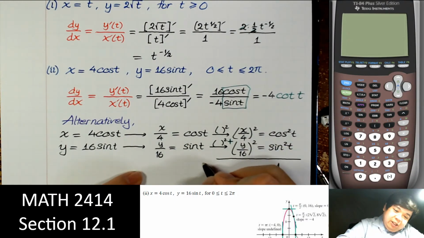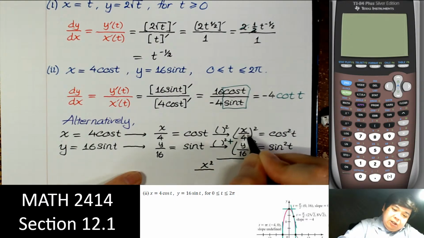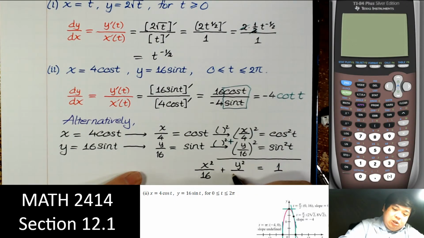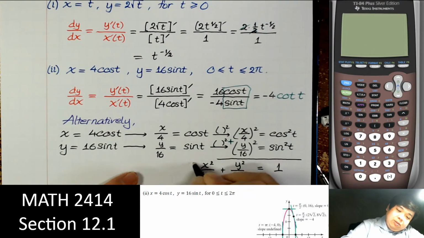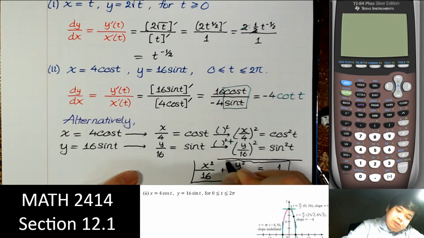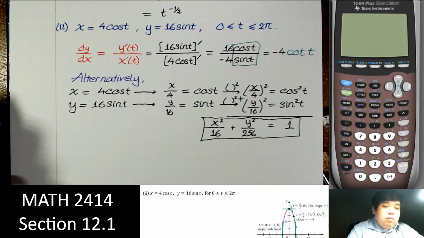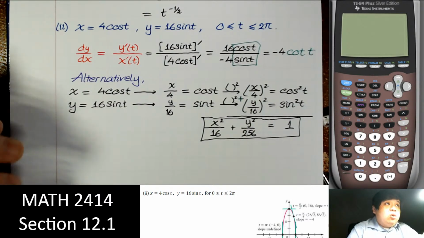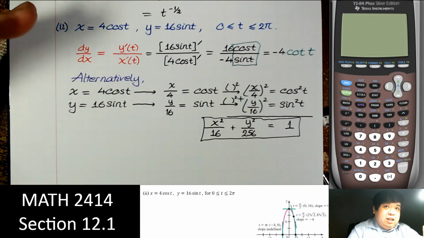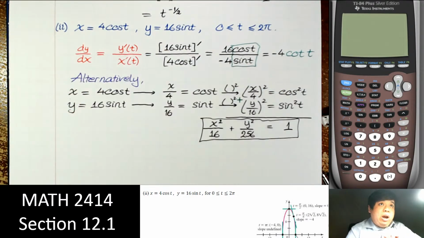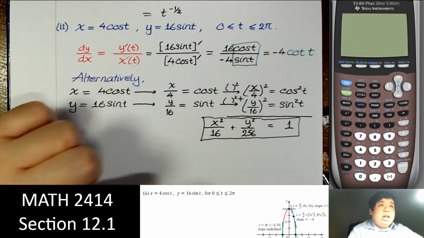So we have x square over 4 square plus y square over 16 square equals 1. Right, so this is a way to eliminate cosine and sine. Try to get cosine and sine by themselves, and then square them. Cosine square plus sine square equal to 1. So we have this one.